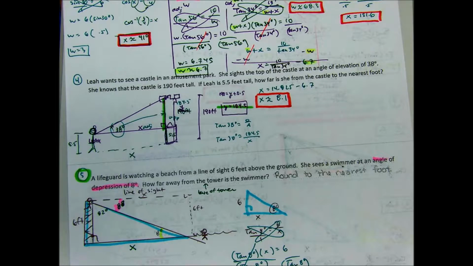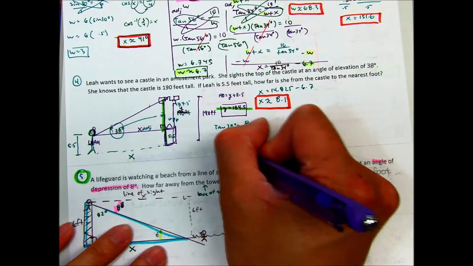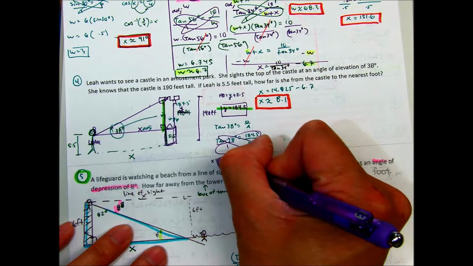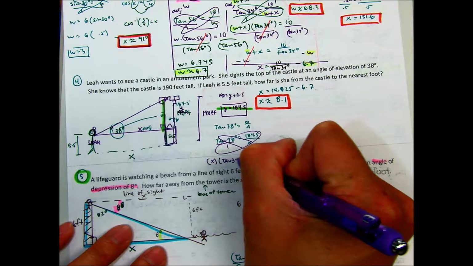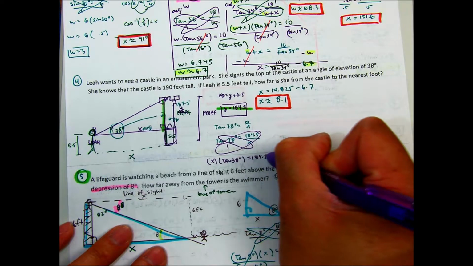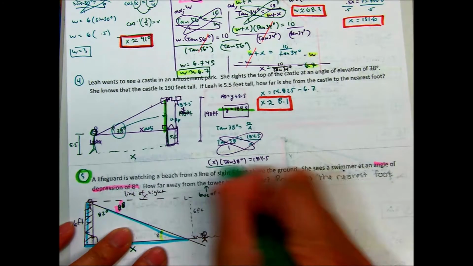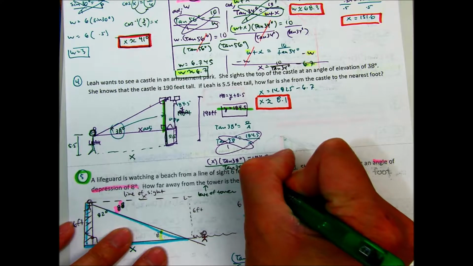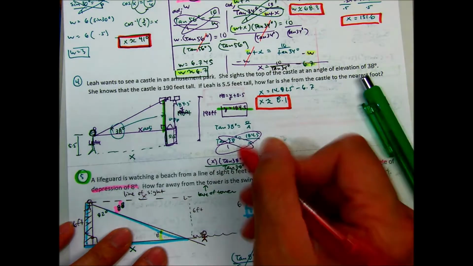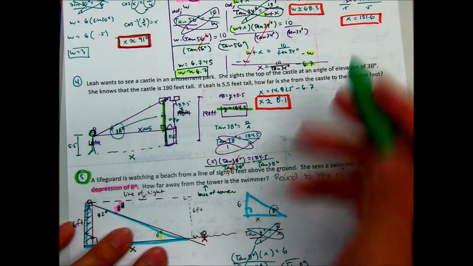To solve that, I'm going to put it over 1 and then cross multiply. So I have x times tangent of 38 degrees equals 184.5. And then if I divide both sides by tangent of 38, my calculator equation is x equals this number.